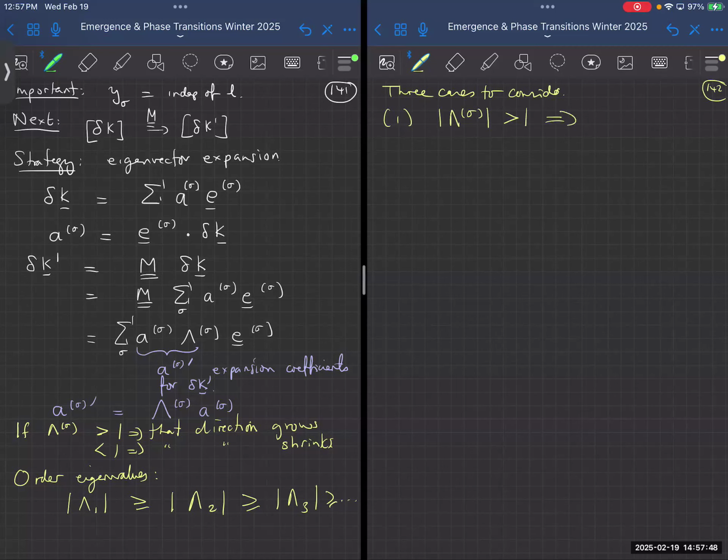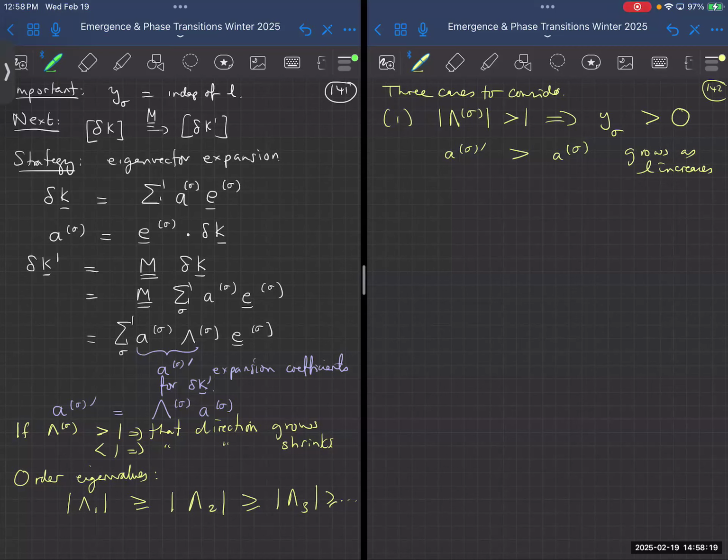Remember lambda is L to the y, so that means that y sigma is greater than 0. And so that means that A of sigma prime is going to be greater than A of sigma, and so that grows as L increases. So the more coarse graining you do, that direction gets magnified in the eigenvector expansion.